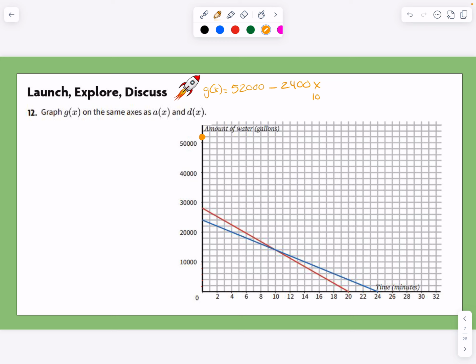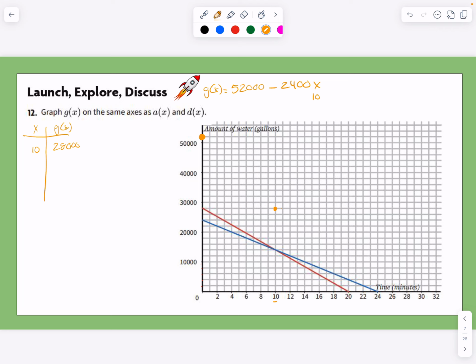And we have it negative, so we add that to 52,000. If I did a little graph here, at 10, here's my x and my g of x. At 10, the value is going to be 28,000. So here's 10, and 28 is going to be here. Find where 10 and that come together, and I have a line right there.